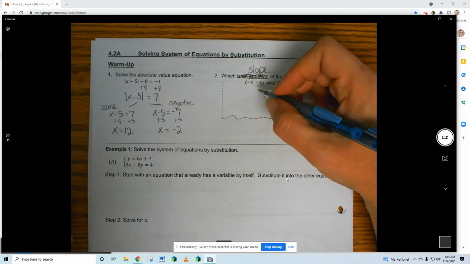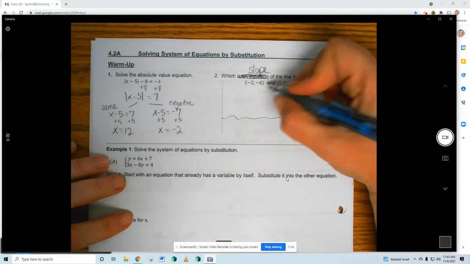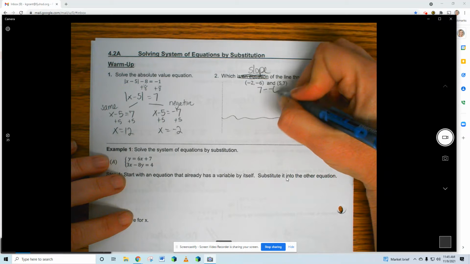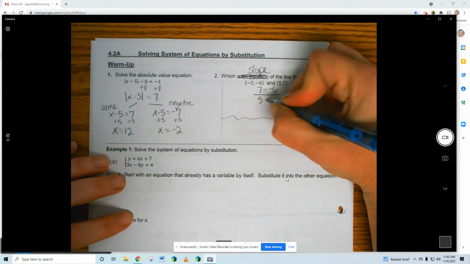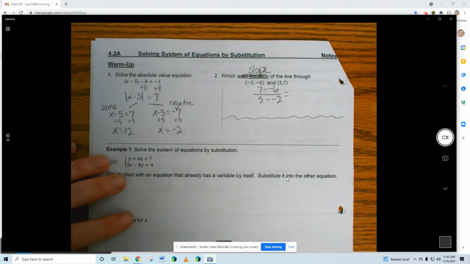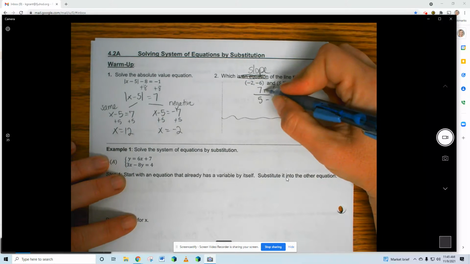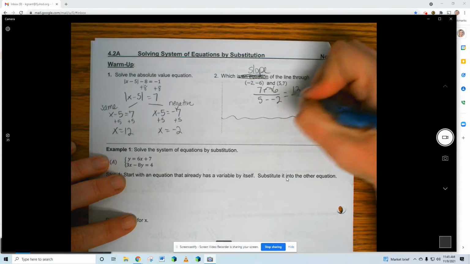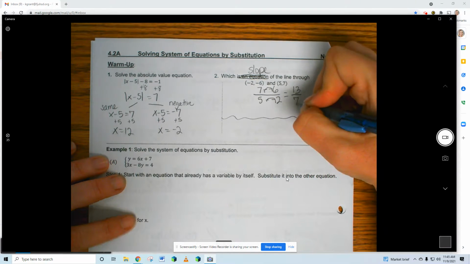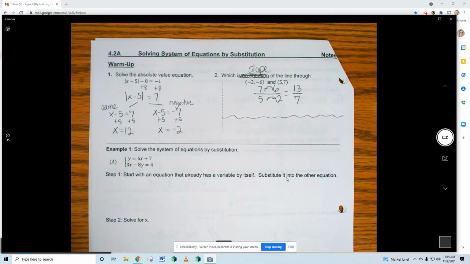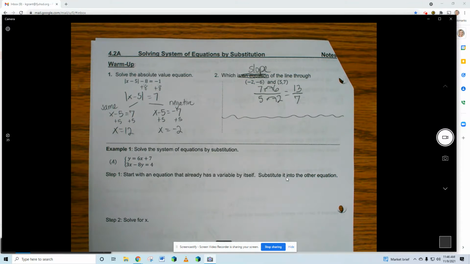Someone tell me what you got. Oh, sorry. 7 minus negative 6 over 5 minus negative 2. Yeah? 13 over 7. Okay. Easy. All right, I'm going to do a little bit of intro to substitution.